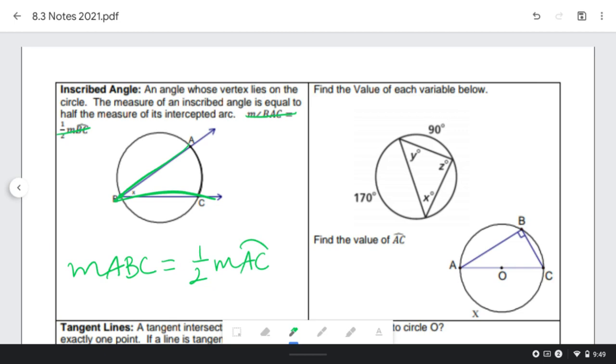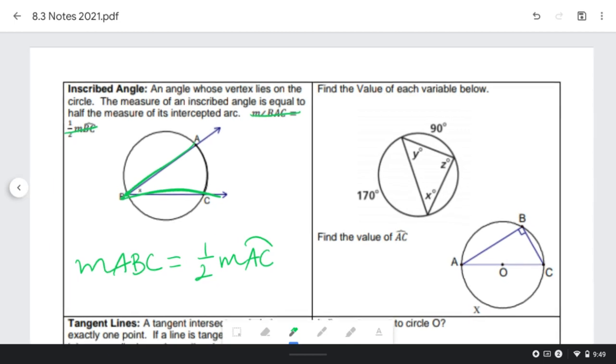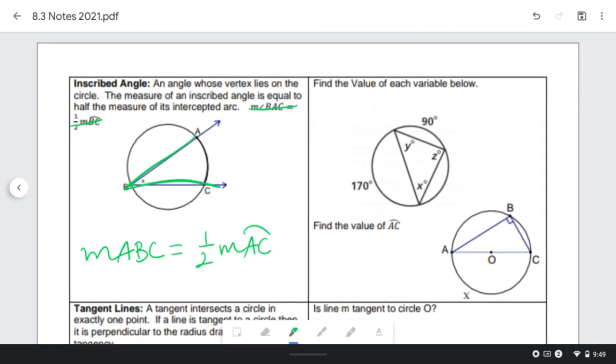So if we use that for the examples, find the value of each variable below. We have some given arc lengths, and we have to find the degrees of x, y, and z. The first one that we can look at, well, first notice that these are inscribed angles, just like the definition said. So if I'm looking at z, then z goes from here, that's the angle right there.